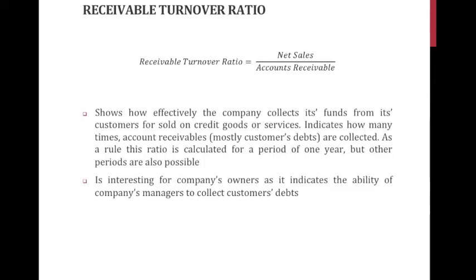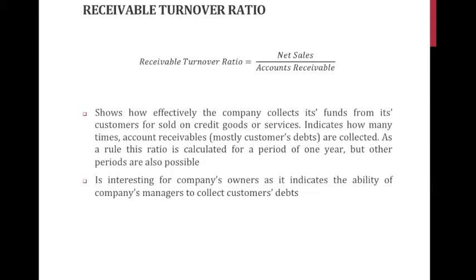And that means, if we divide 12 months by 12, that on average it takes us 1 month to collect funds. If our receivable turnover ratio is equal to 2, we divide 12 months per year by 2 and get that on average it already takes 6 months.